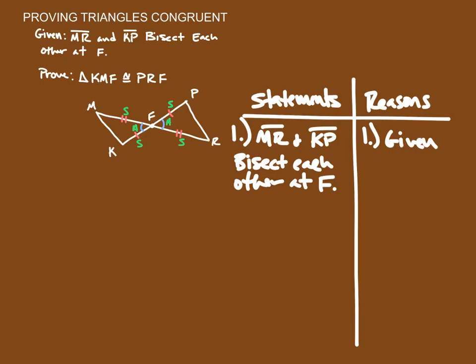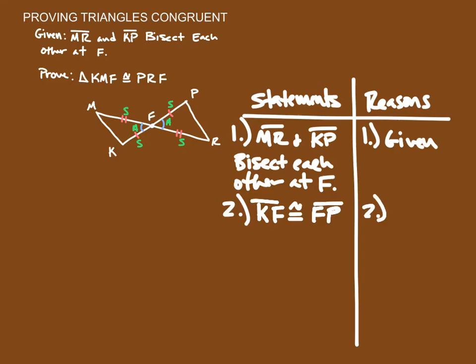The second statement I want to write is what I conclude from this information: KF is congruent to FP.